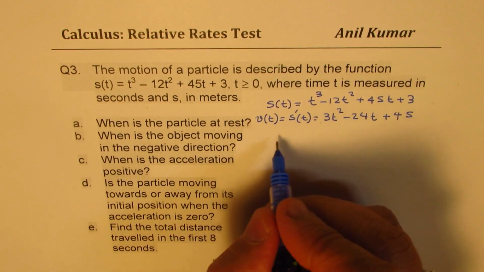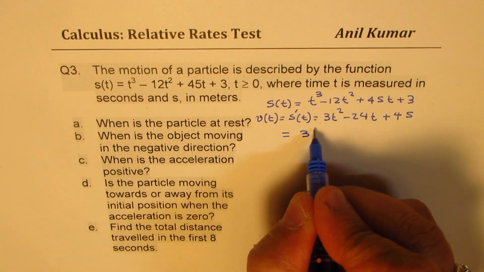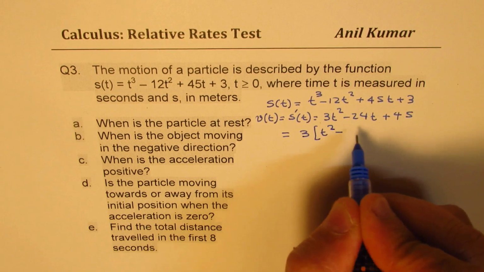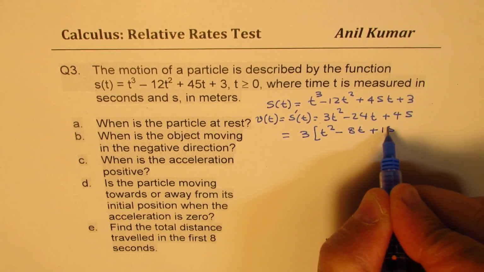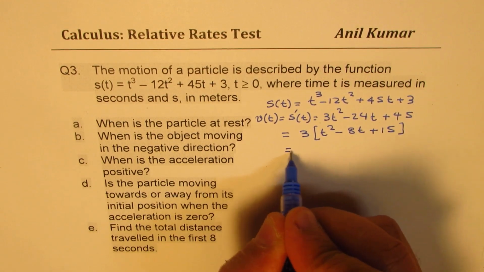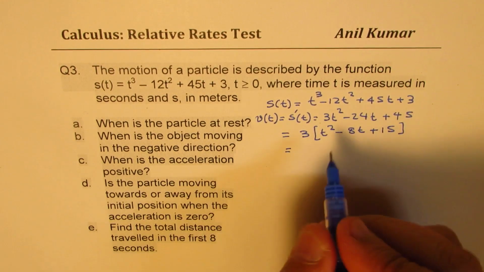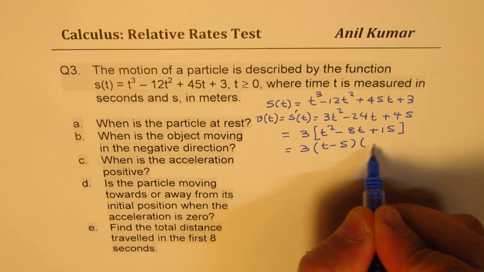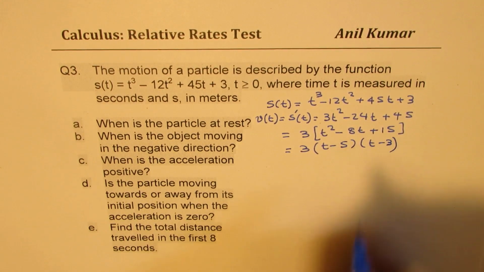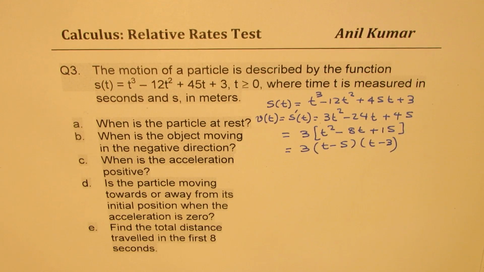Now let's factor this. We take 3 common and get t squared minus 8t plus 15. Now 15 is 5 times 3, so we can factor this as t minus 5 times t minus 3. So that becomes the velocity function.